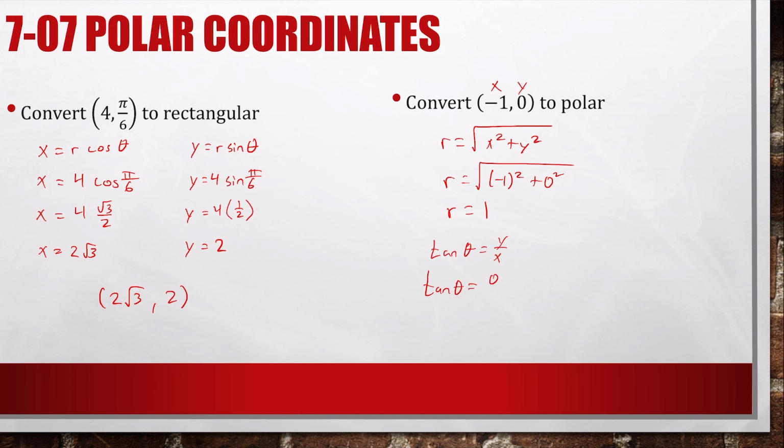So we have 0 over negative 1. So I have to decide when is tangent 0. Since tangent is y over x, where's the y value 0? It's either here or there. Now which one is it? If we look at our rectangular coordinate, the (-1, 0), it's right there. That angle is pi. So it's (1, pi).